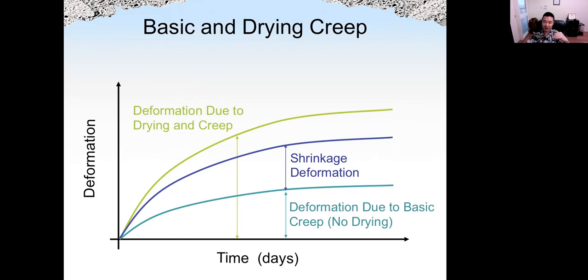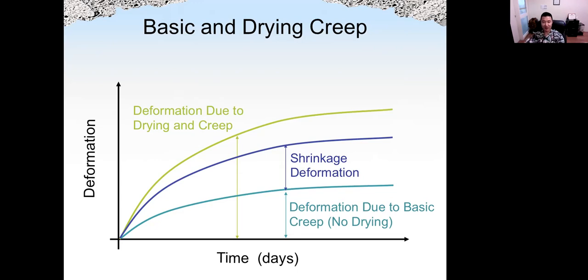Drying creep is different from shrinkage deformation, which is this part. And the final curve is the deformation due to drying and creep. So that will include the drying shrinkage deformation, the creep due to load, and the creep due to shrinkage.